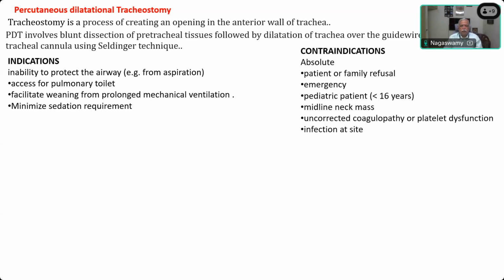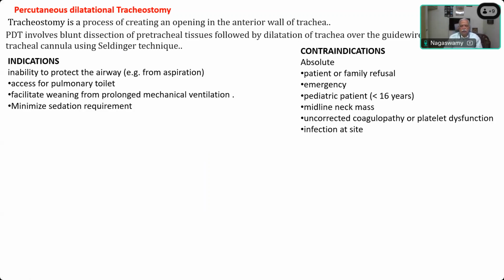And the contraindications for this: absolute contraindications are patient or family refusal. You should not try this in an emergency. When the patient is in acute airway obstruction, this is not the ideal technique. There you have to go for a cricothyroid puncture and ventilation rather than doing a percutaneous tracheostomy.